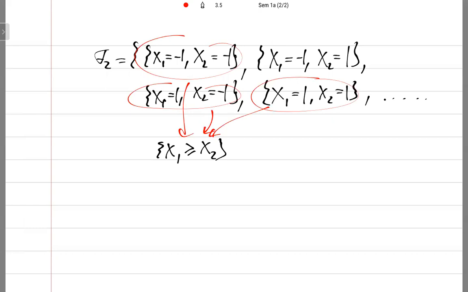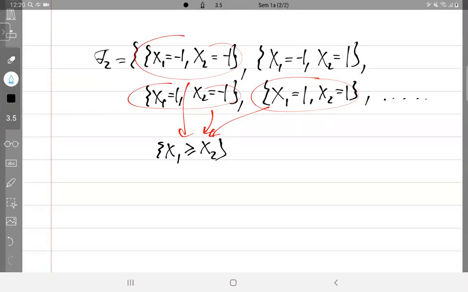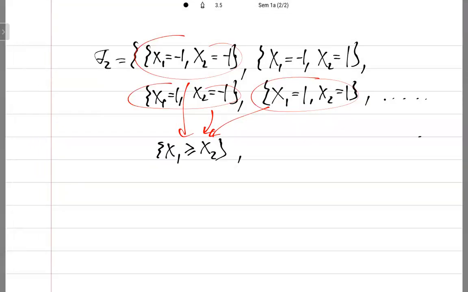So you can combine to make complex events in terms of x1 and x2. And so how many events in total? Ten. A little bit more.